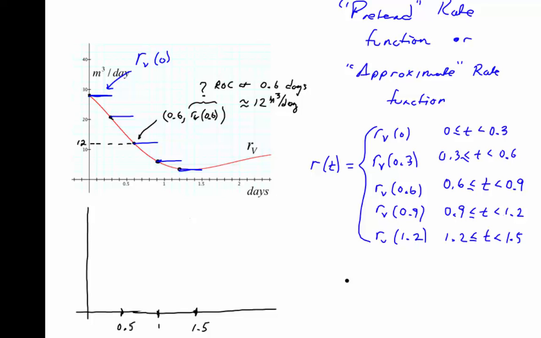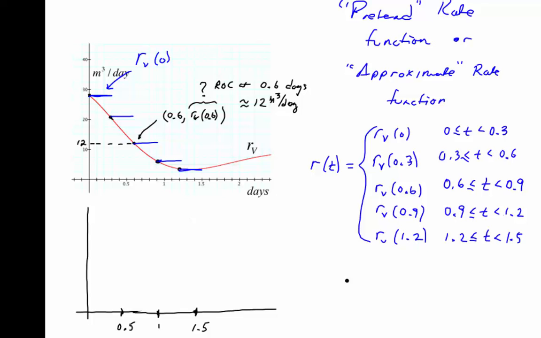So a constant rate of 28 meters cubed per day means, somebody new, who can tell me what a constant rate of 28 meters cubed per day means? The broadest definition. Who can tell me? Yeah, tell me.